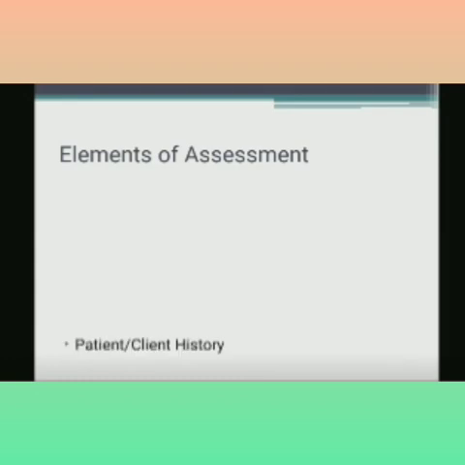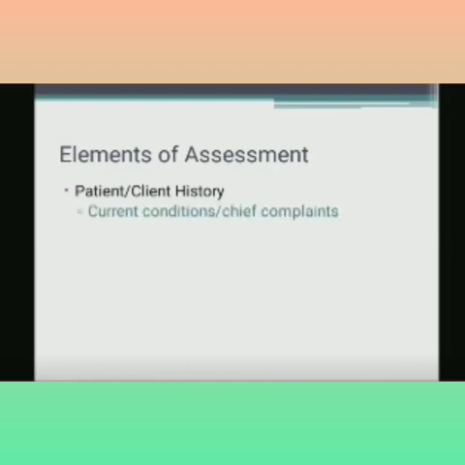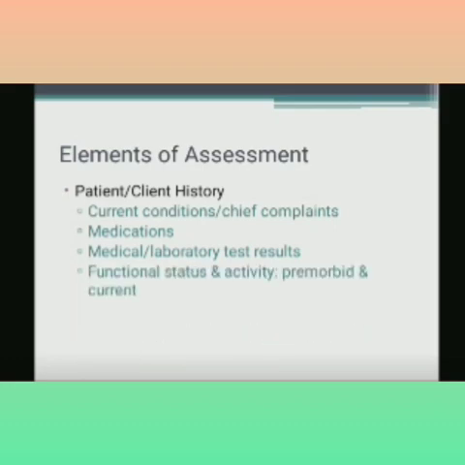So obviously you need to know the patient history: the current condition and complaint of the patient, whatever medication they are taking, whatever test results they have, or whatever the MRI is suggesting. Then you have to know the functional status and activity before the disease as well as what the condition is now.